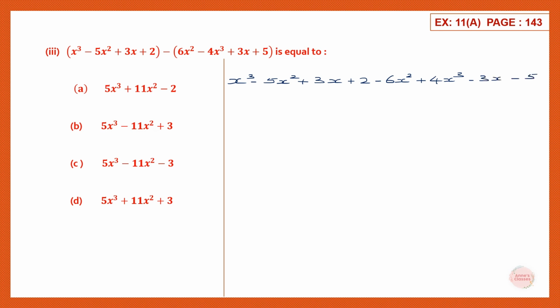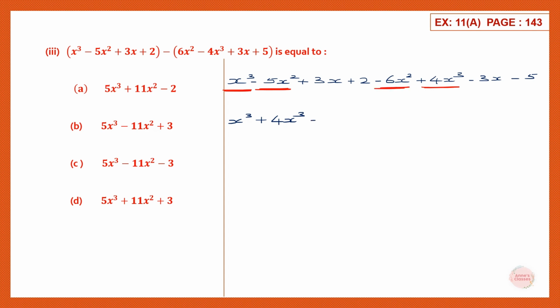Now let's look for the like terms. Here we have an x cube, and if you go down you can see plus 4x cube. So this is x cube plus 4x cube. Now let's look for the next one. Here we have minus 5x square, and here we have minus 6x square.